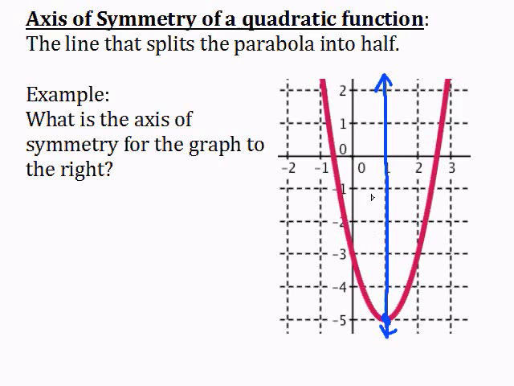That will always give you the axis of symmetry. So what is the axis of symmetry for the graph to the right? The line I just got through drawing is the axis of symmetry. The equation of that line is what you will be asked to find. Since that line passes through 1 on the x-axis, the equation of that line is x is equal to 1. So the equation of the axis of symmetry is x equals 1.